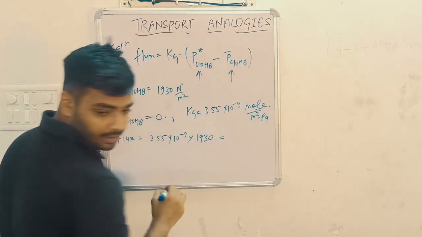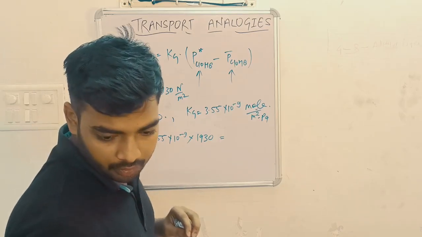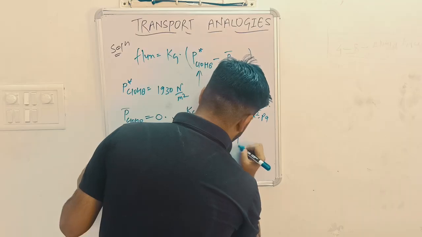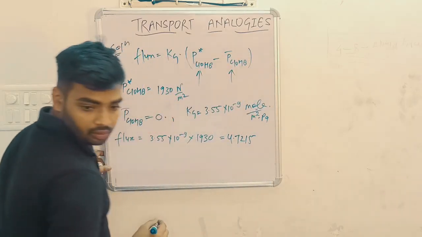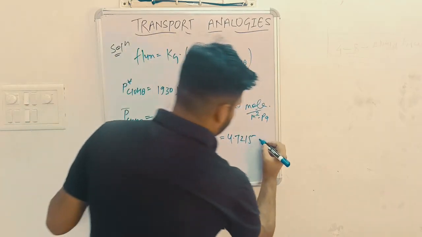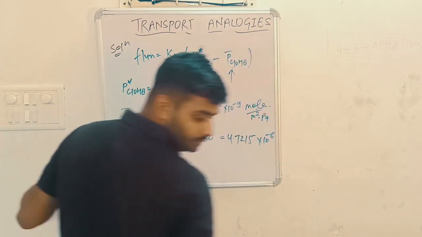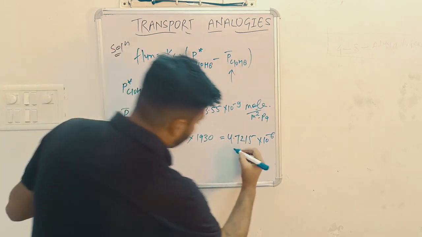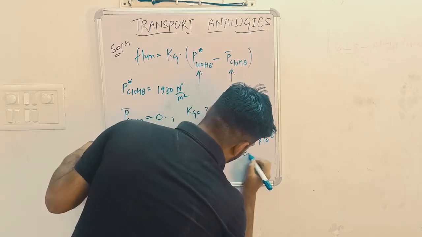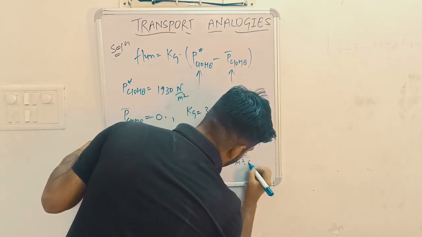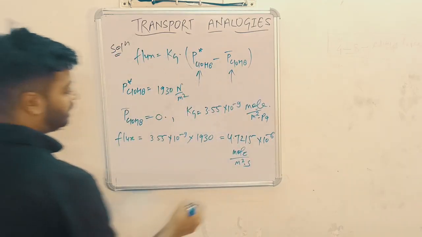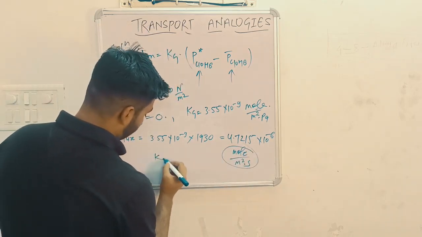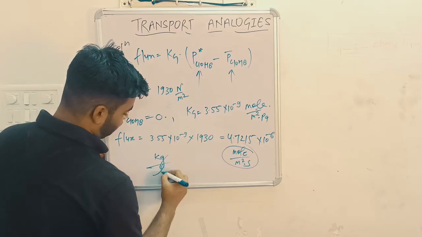So from here we will get the value 4.7215 into 10 power minus 6 mole per meter square per second. So this value is in mole per meter square per second, but we have to report the answer in kg per hour.